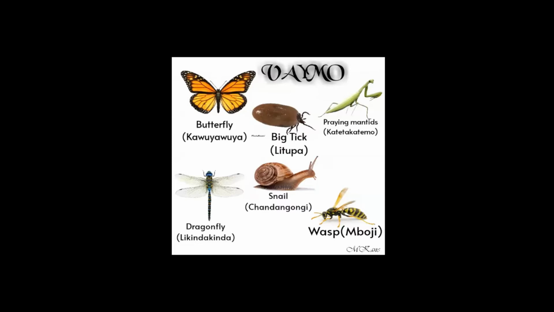Then coming down, I've got the dragonfly, likindakinda. That's the name we give to this insect, to your left, down. Then snail, chandangongi. Luvale has got strange names.